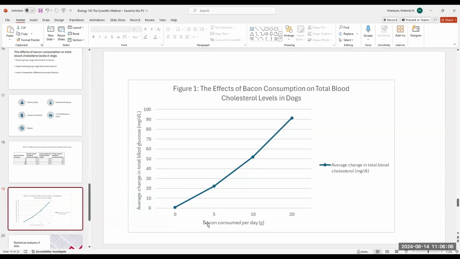X and Y axes have to have not only a label, but units. And we also want to make sure that each axis has even intervals. So the horizontal axis is our X. By the way, the horizontal axis, the X, that's always your independent variable. So in this case, that's the amount of bacon consumed.